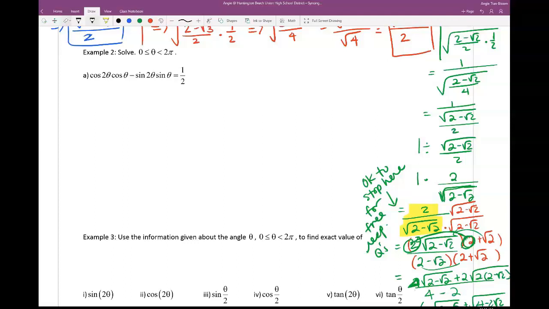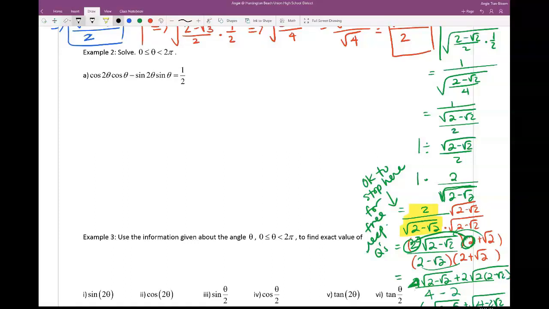Now, just because in your video notes or when I'm lecturing, I'm solving or doing a problem one way, doesn't mean that's the only way that you have to do it. Yes, you can do it whatever way you would like, as long as you come up with a consistently correct answer, okay? So when I see cosine of 2 theta times cosine of theta minus sine of 2 theta times sine of theta, that kind of reminds me of an identity.